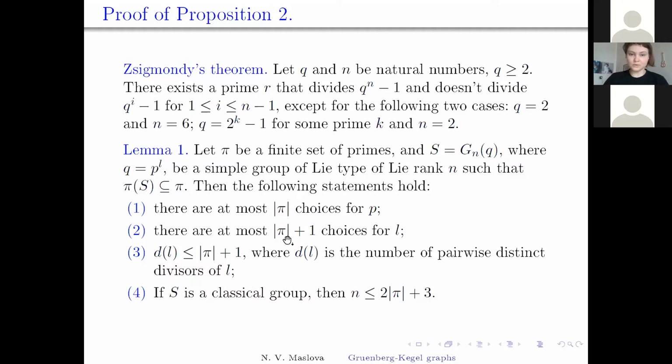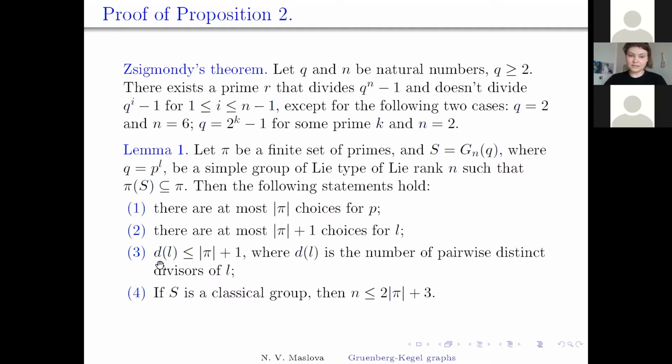There are at most the order of pi plus 1 choices for this number l. It's a direct corollary of Zsigmondy's theorem, since for each group of Lie type, the number q minus 1 divides the order of this group, and then we apply Zsigmondy's theorem and understand there are at most the order of pi plus 1 choices for l.